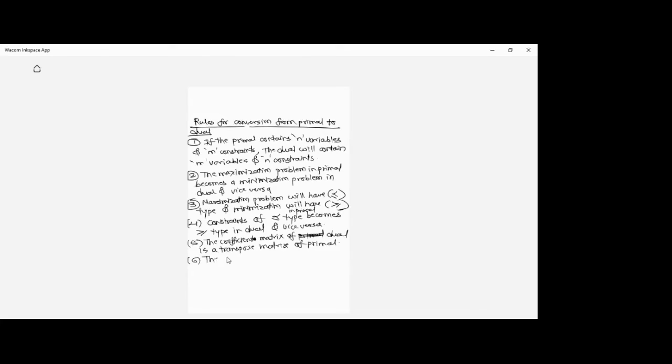The constants C1, C2, C3, Cn in the objective function of primal will appear in the RHS of the constraints in the dual. Right, very, very important. The 6th point is very, very important.